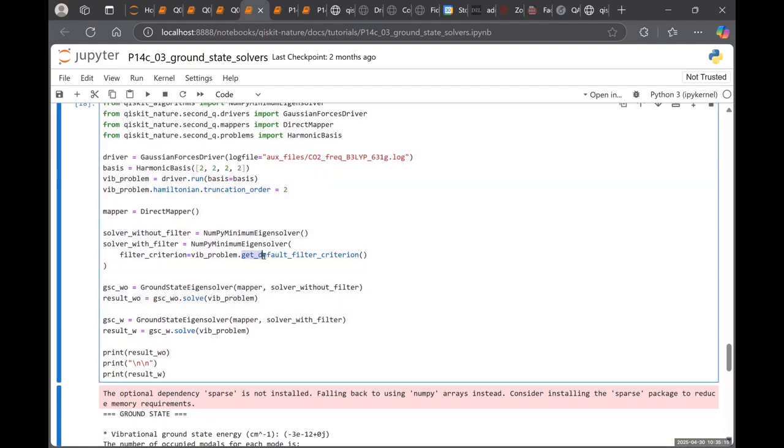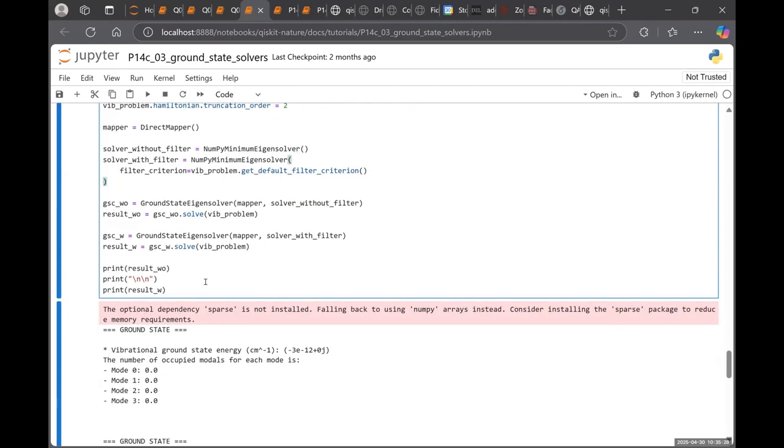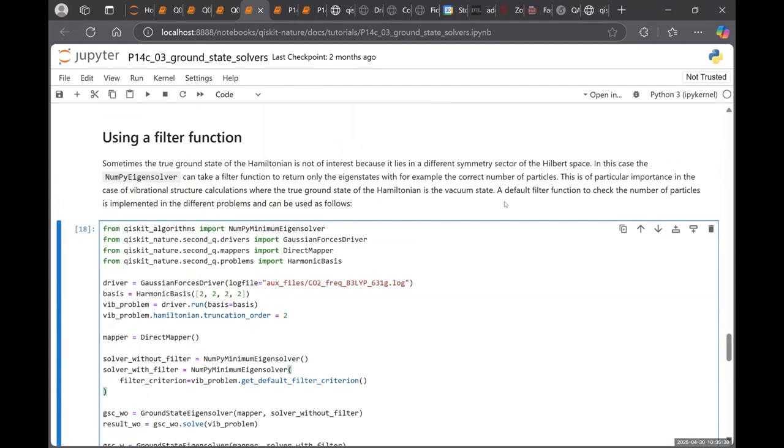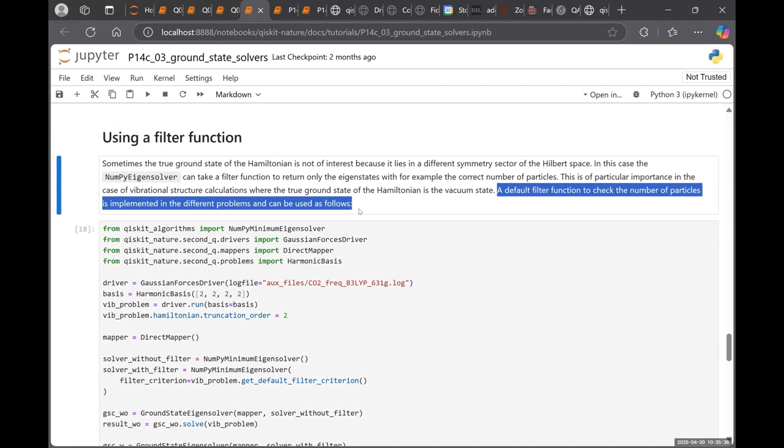And okay, it's using the get default filter criteria. So I don't know exactly what the default is. Okay, it says here, check the number of particles, which differs in different problems and can be used.